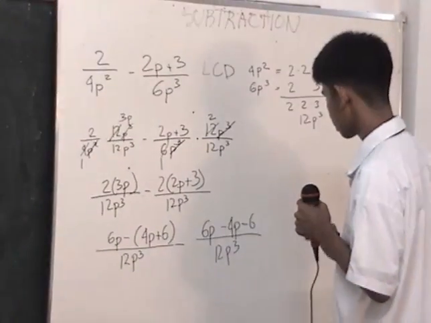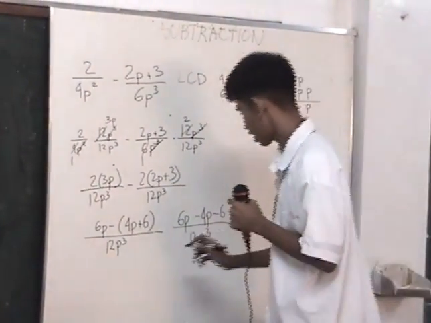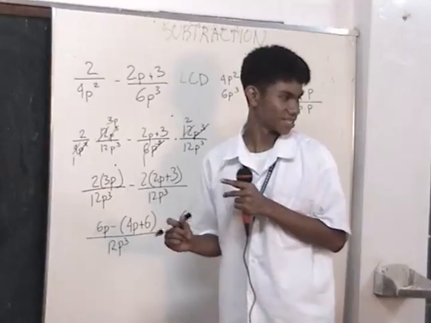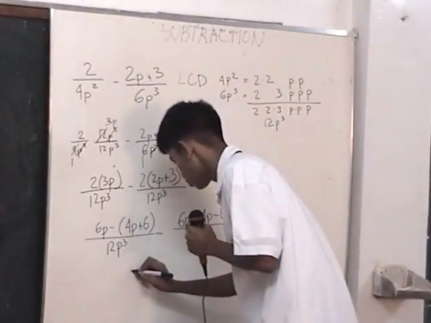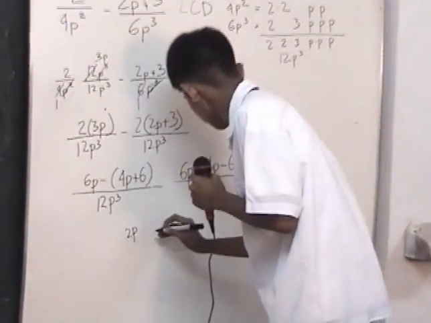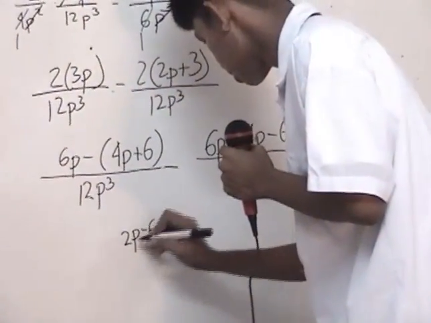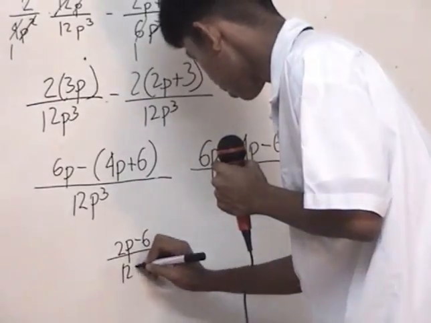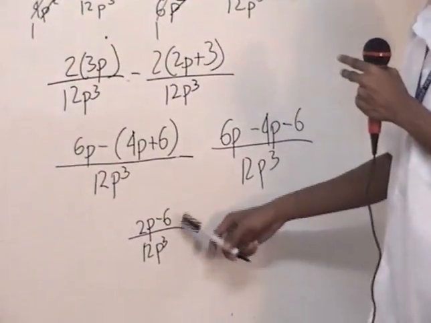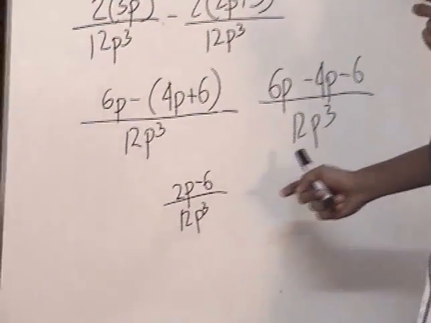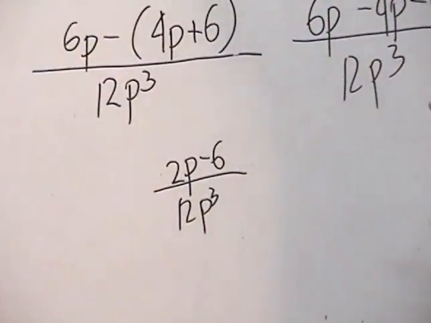Subtract the common terms. 6p minus 4p is equal to 2p minus 6 all over 12p cubed. This is not the answer yet because it has a factor.